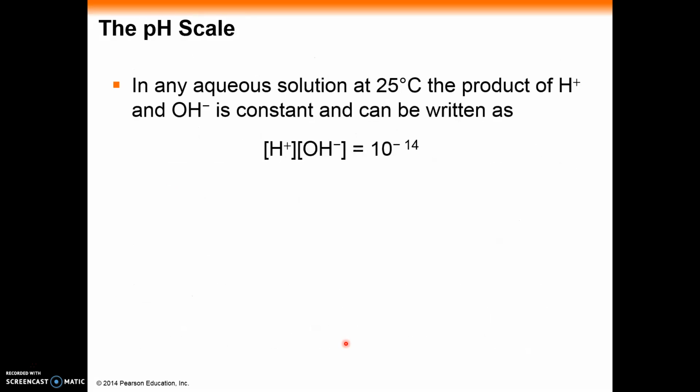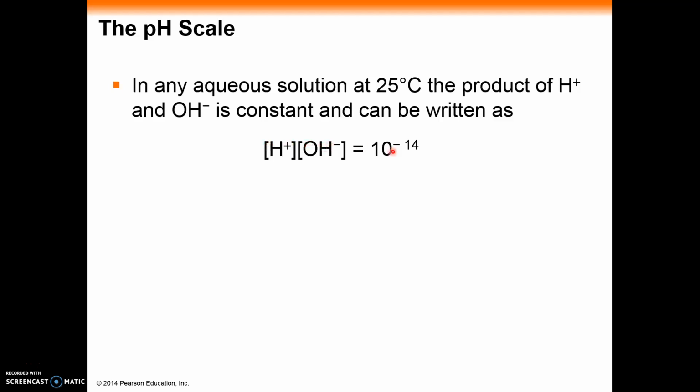Now, we have this thing called the pH scale, and to understand the pH scale, we have to understand that in a pure water solution at 25 degrees Celsius, the concentration of hydrogen ions and hydroxide ions, if you multiply those concentrations together, and again, these would be molar concentrations, so moles per liter, and here, moles per liter of this.